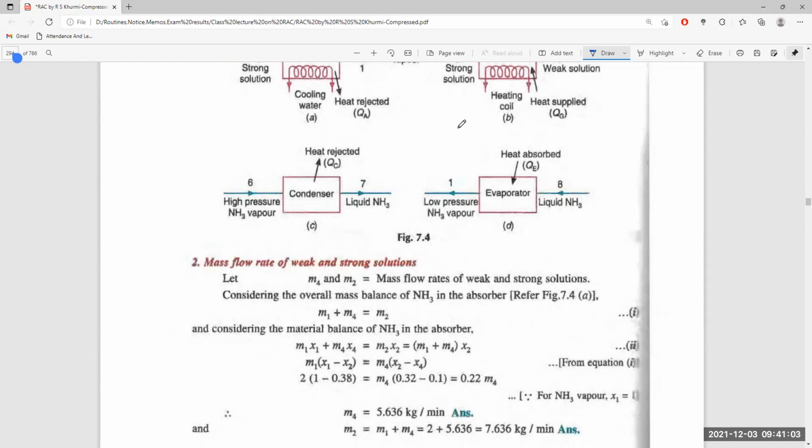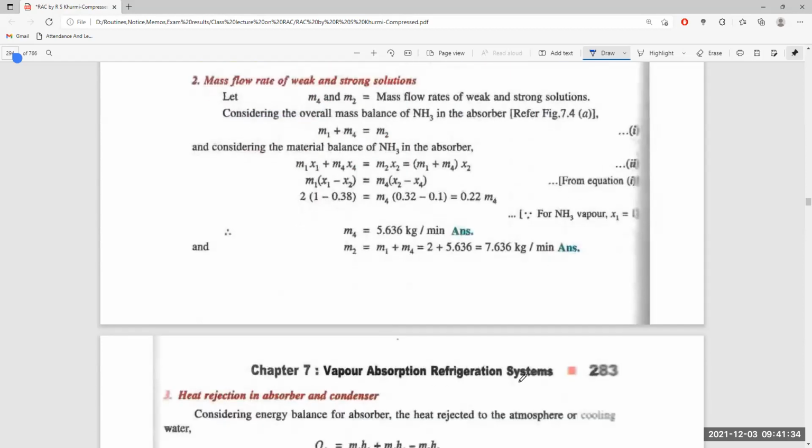So 2 into 1 minus 0.38 is equal to M4 into 0.38 minus 0.1, which is 0.28 M4. M4 is equal to 5.636 kg per minute. And M2 is M1 plus M4, 2 plus 5.636, equal to 7.636.